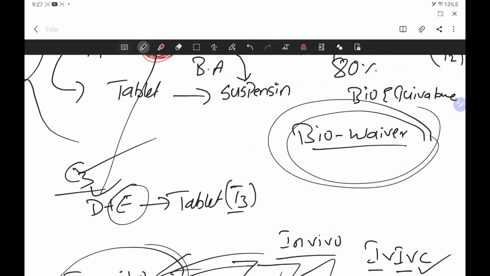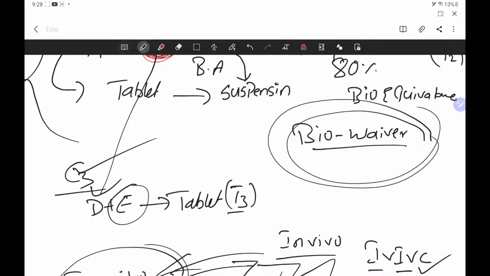For that, again, these companies, even though the drug is well established, need to go for bioavailability studies in human beings. To avoid all this, I develop a method where I can use an in vitro method and say that yes, company 1, the innovator company, has conducted the bioavailability studies previously.